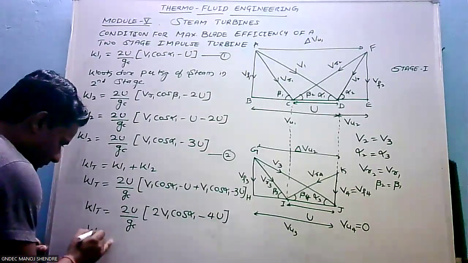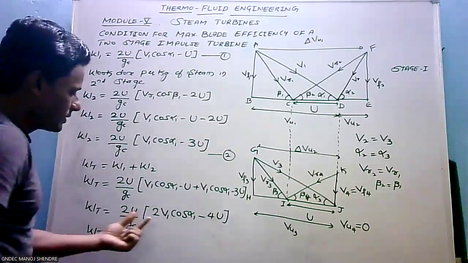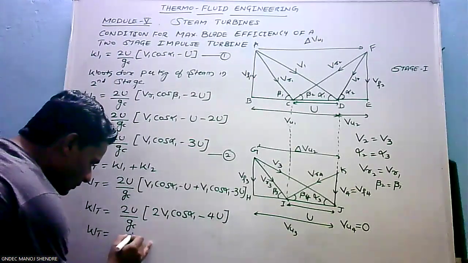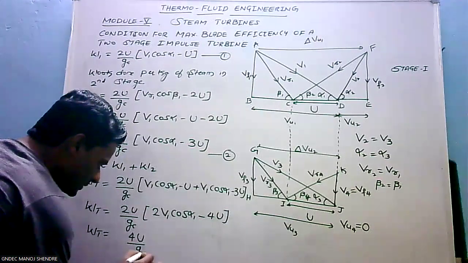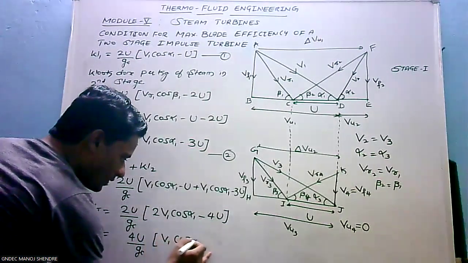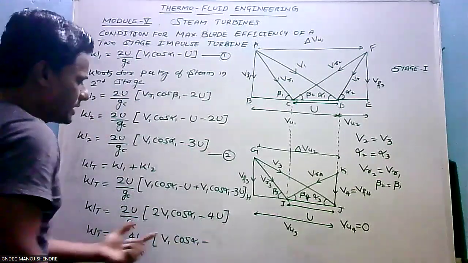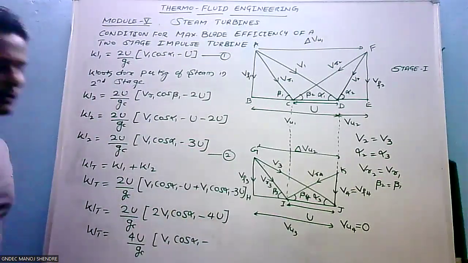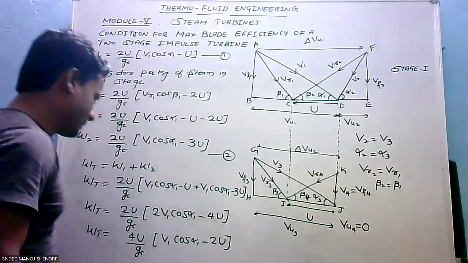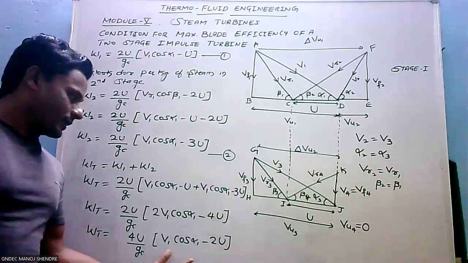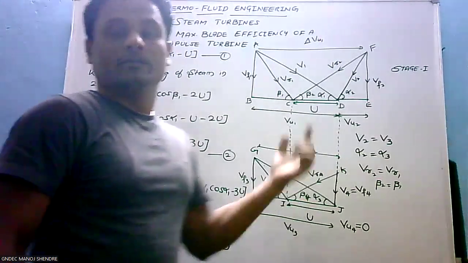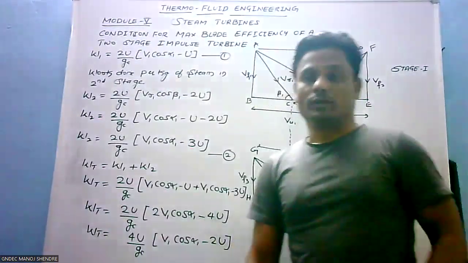So WT equals 4U by GC into V1 cos alpha 1 minus 2U. This is the total work obtained from both the stages.